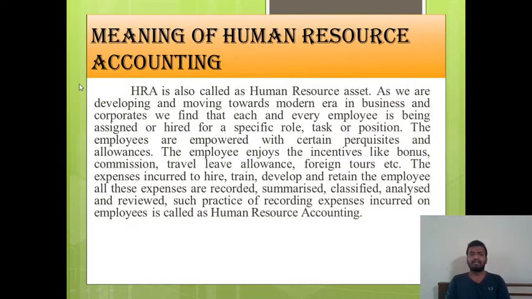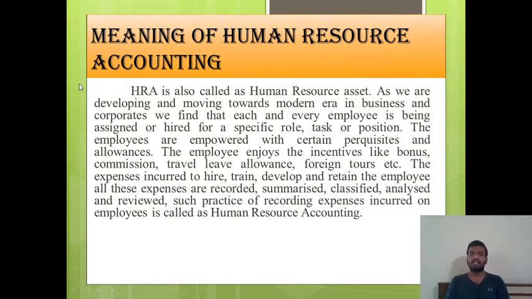As we are developing and moving towards the modern era, in business corporates we find that each and every employee is being assigned or hired for a specific role, task or position. The employees are empowered with certain perquisites and allowances.